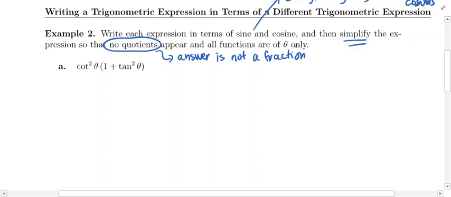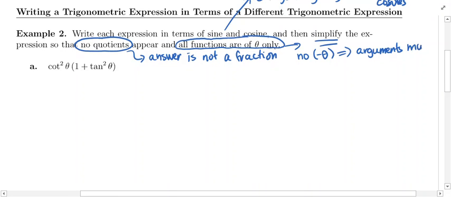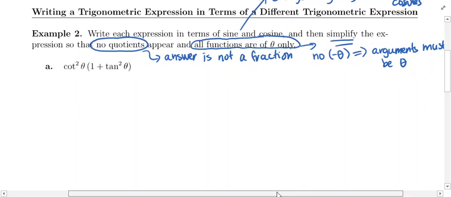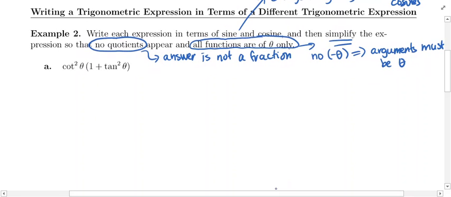Then there's this other piece that says all functions are of theta only. How do you translate that? You don't want to see something like negative theta as your argument. All the arguments must be theta. So those are some loaded directions. We basically had to translate the directions before we even started here, but that's what's being asked of you.